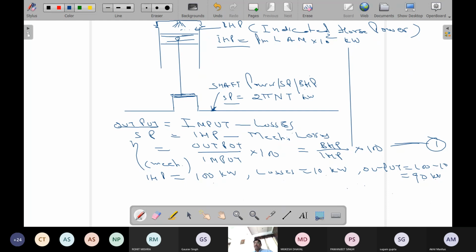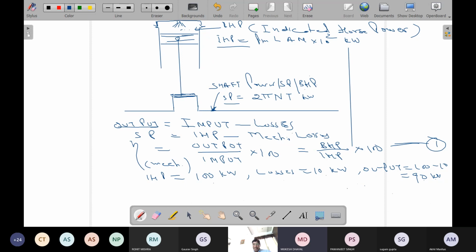If I say my losses are 3 kilowatt, can I say my output is 97 kilowatt? Yes, sir. Okay, now we rephrase it. If I say my mechanical efficiency is 10% and IHP is 100 kilowatt, can I say that the BHP is 90 kilowatt? No, sir.